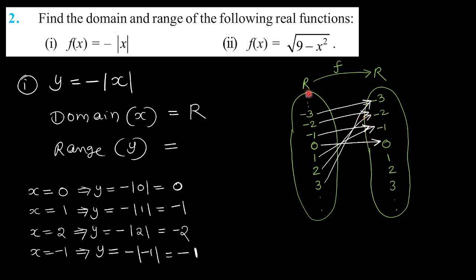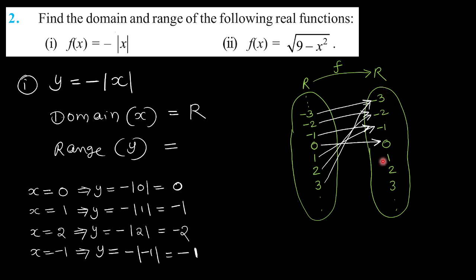Domain is the elements from which the arrows start. Hence it is capital letter R. You see that from every real number an arrow starts. Hence domain is R. Range is the set of elements at which the arrows end. You see that the arrows end only on negative numbers.